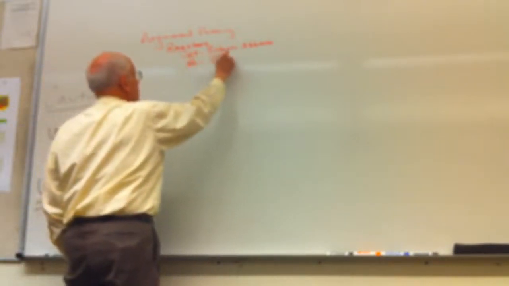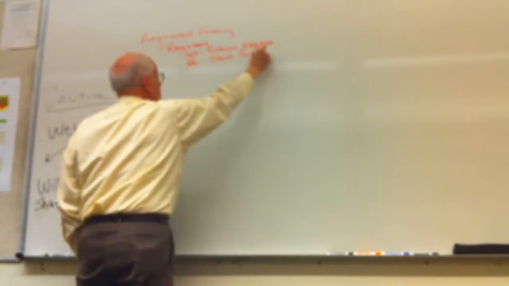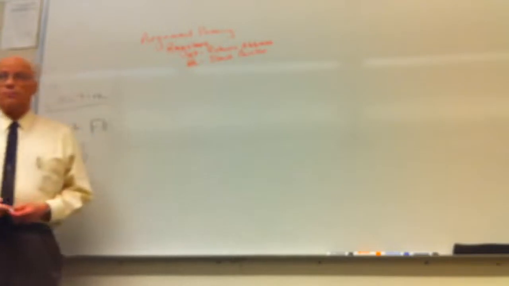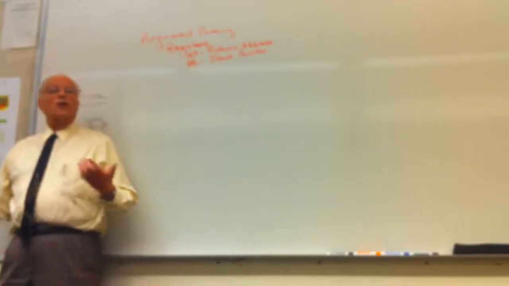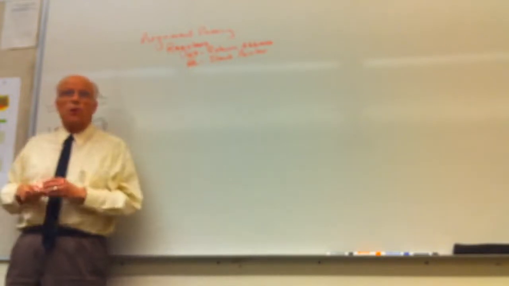Register 6 is generally reserved as a stack pointer. Now, if you're not using the stack, okay, you can go ahead and use register 6 however you want, and you're okay.